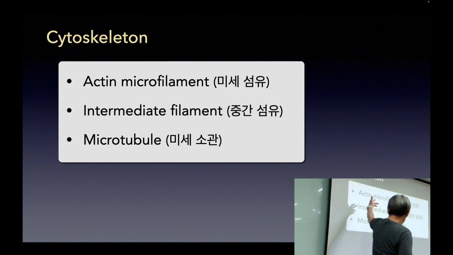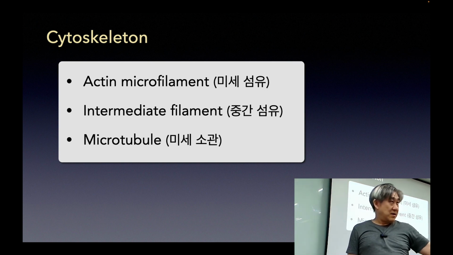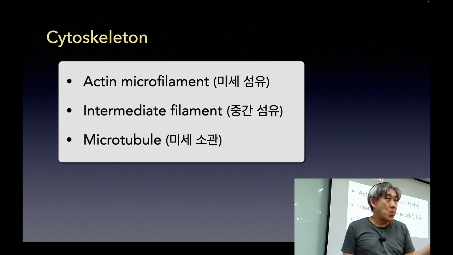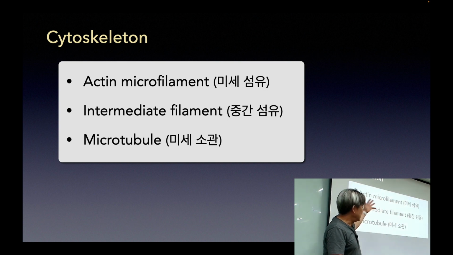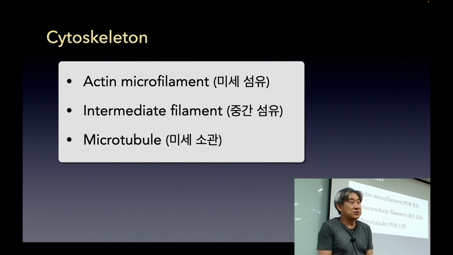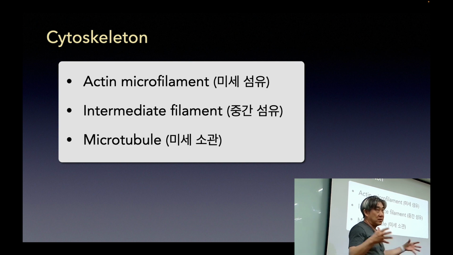Okay. So each different type of cytoskeleton has its own particular monomeric component. Once again, if this class was a cell biology course, of course, it would be very important for you to remember and distinguish each different type of monomeric form and how they assemble to form these.